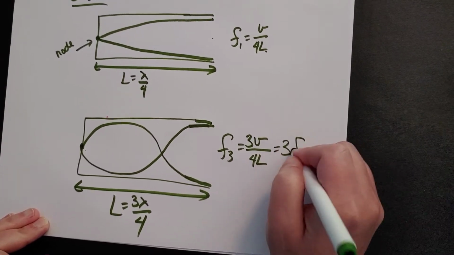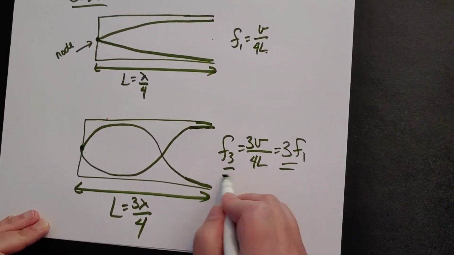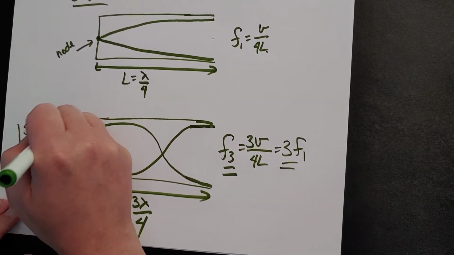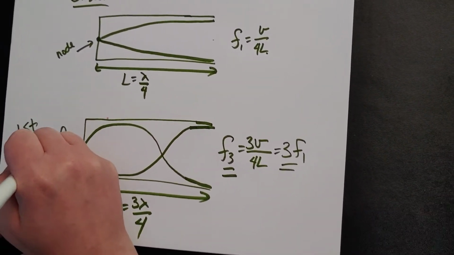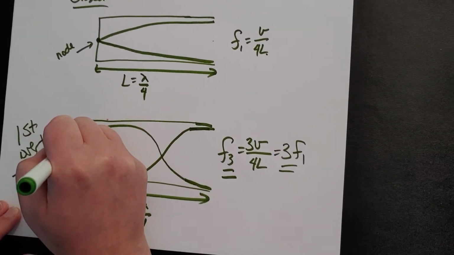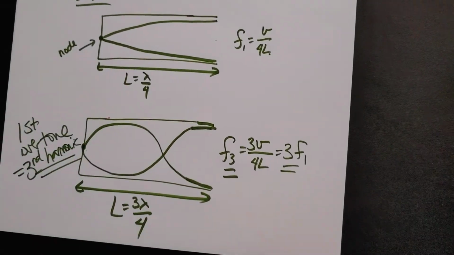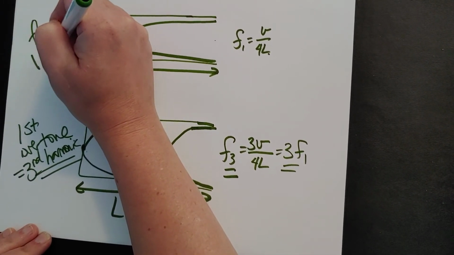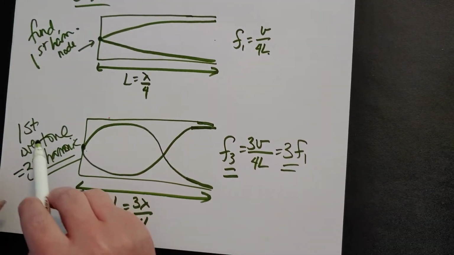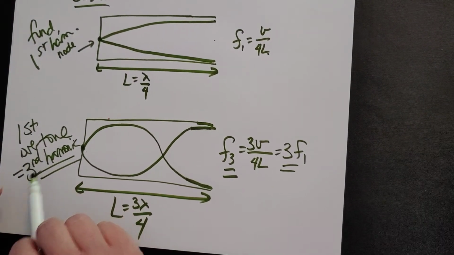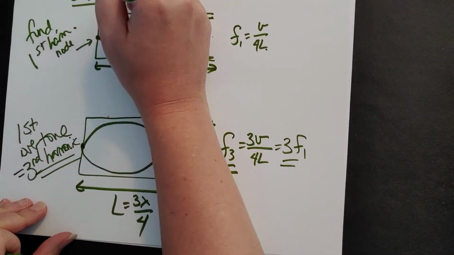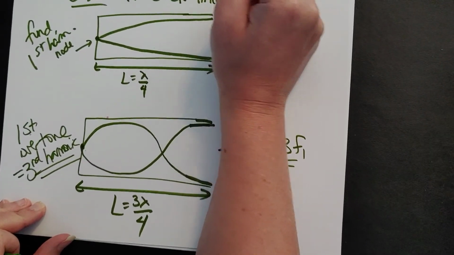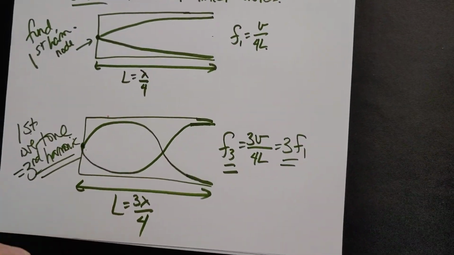So that is our, ready, first overtone for a closed pipe, and it is the third harmonic. Okay, fundamental is the first harmonic. Our first overtone is the third harmonic. So closed, there are no even harmonics. So that's a fun fact. All right.